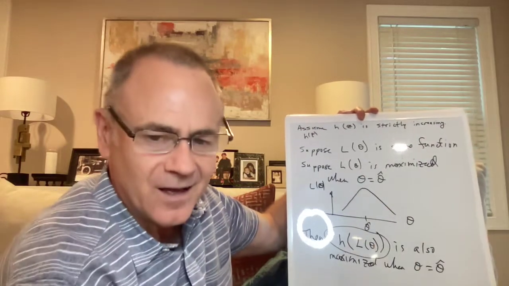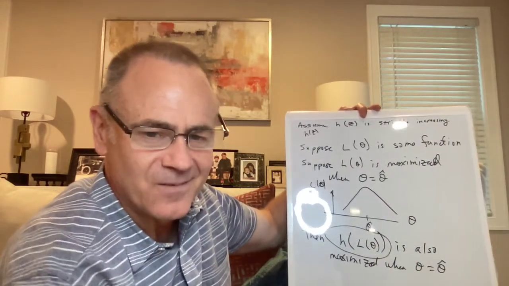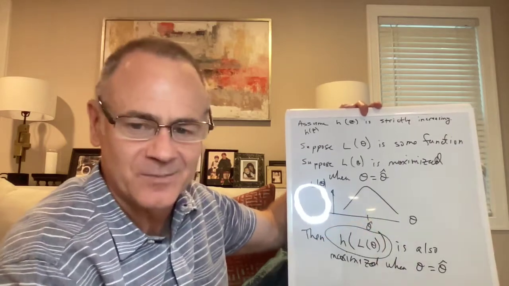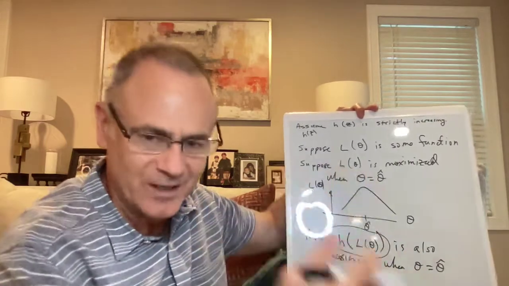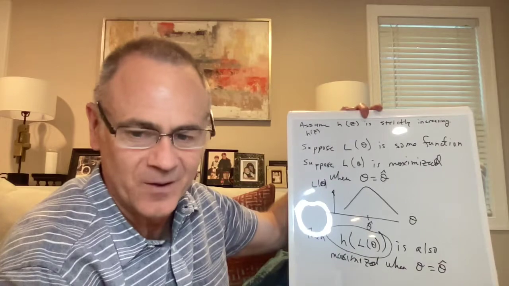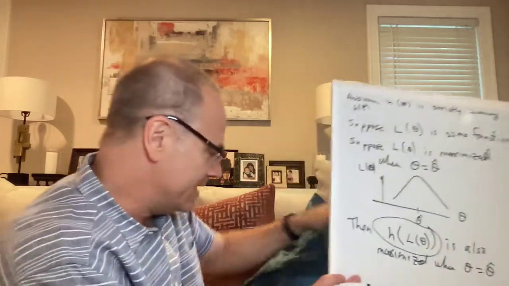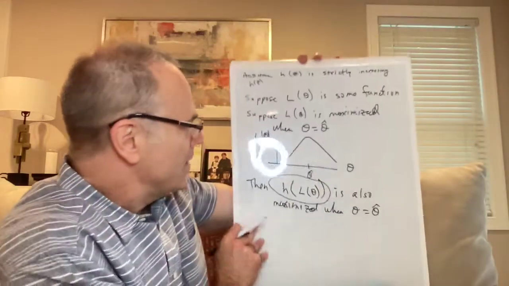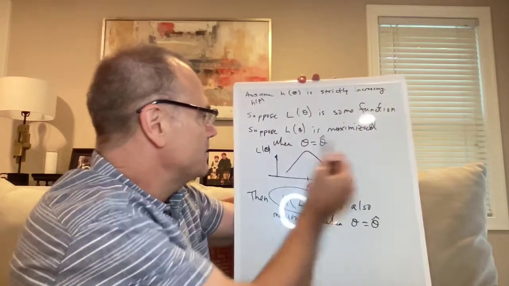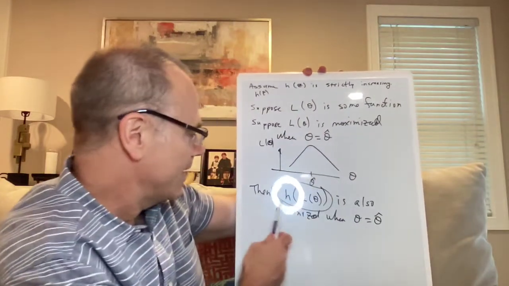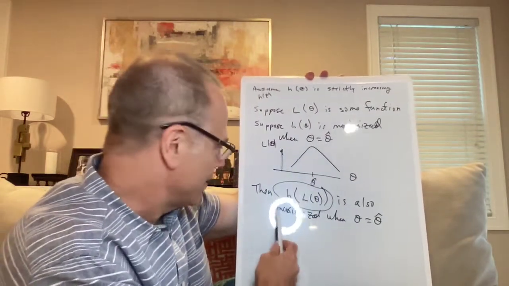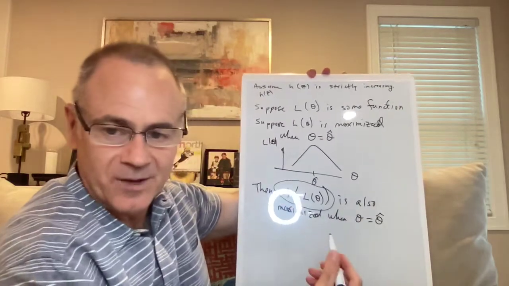I'm kind of waving my hands, but hopefully that's intuitive and you can see why that's true. So if L is maximized when theta equals theta hat, then h of L is also maximized there.